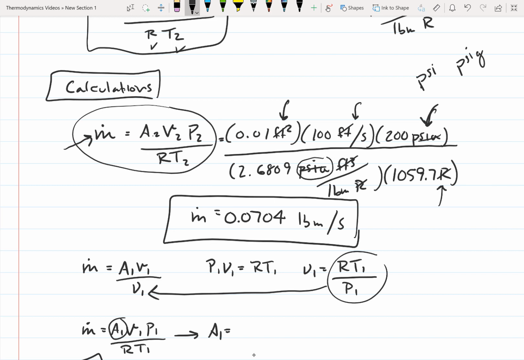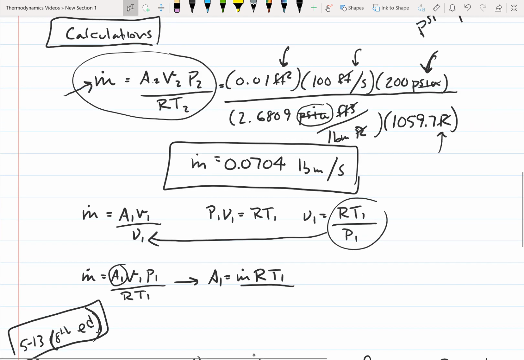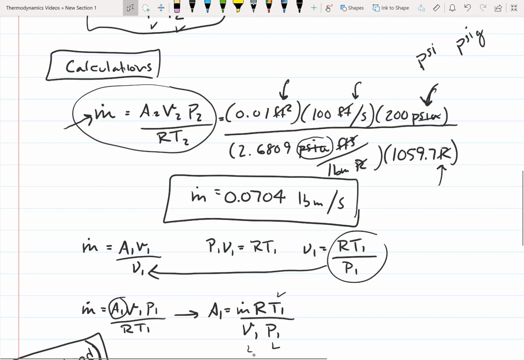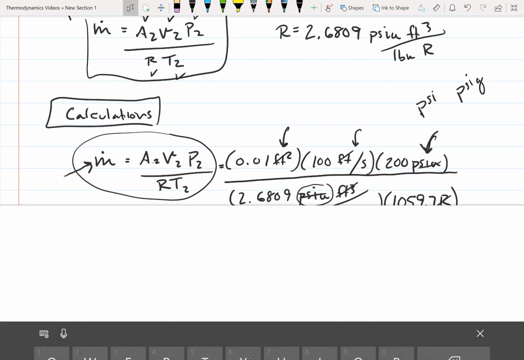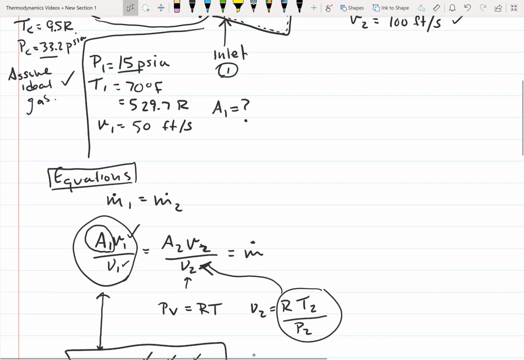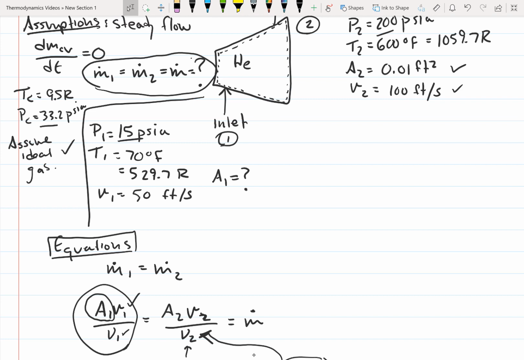So A1 is equal to m dot RT1 over the velocity at 1 times P1. All right, so we know the pressure, we know the velocity, we know the temperature. So let's double check. Go back up here to the problem statement. So yeah, we have the pressure, temperature, velocity.